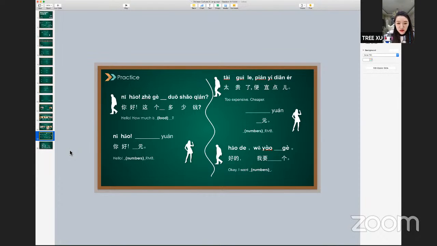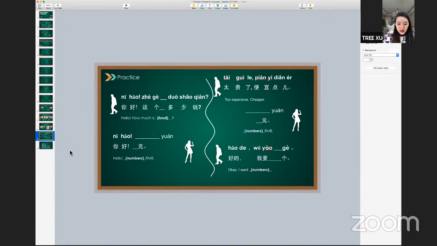So let's read. 你好，这个 blah blah blah 多少钱? In this one, you can put food inside. For example, 你好，这个包子多少钱？ And the other one can say 你好 blah blah 元. This is also what we learned last time.